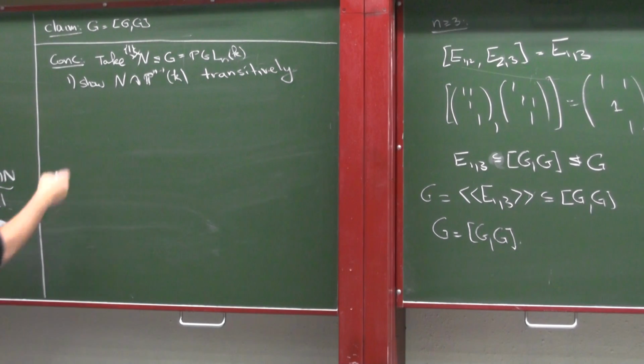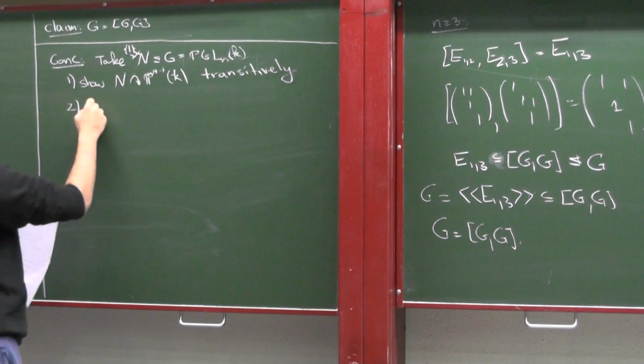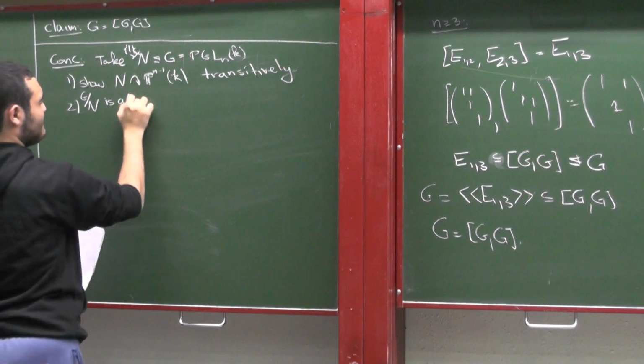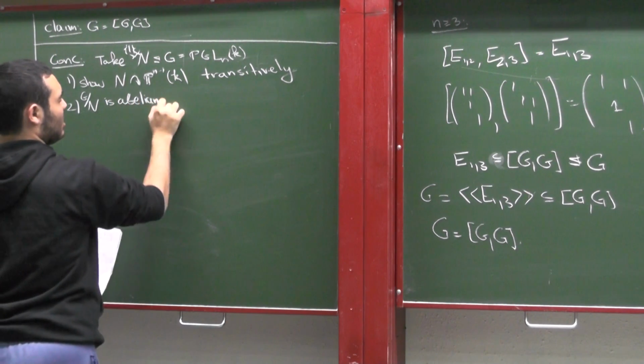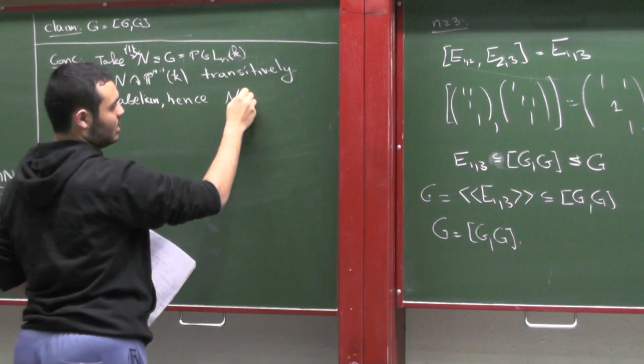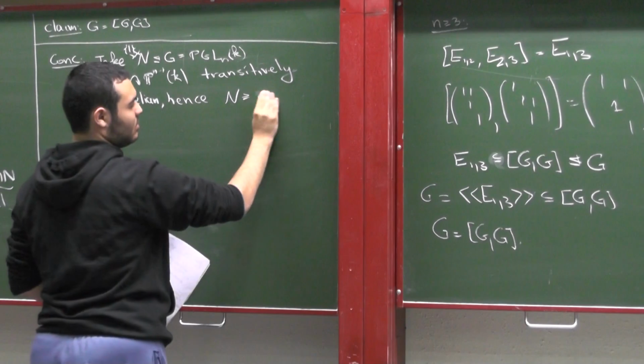After some nifty algebraic tricks, conclude that G mod N is abelian. Hence, N must contain the commutator of U itself.